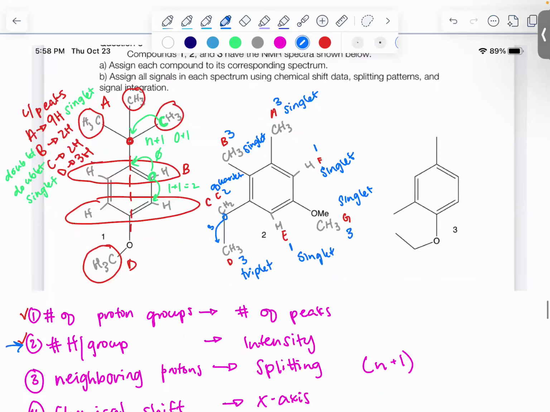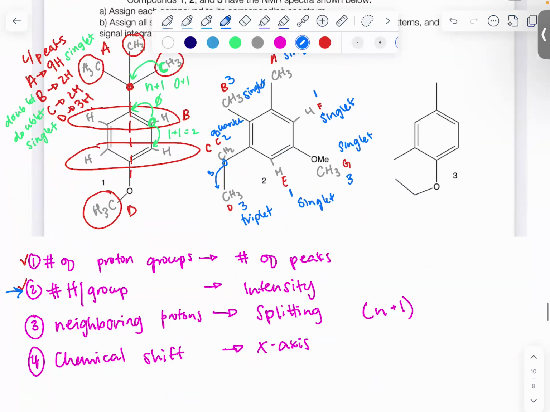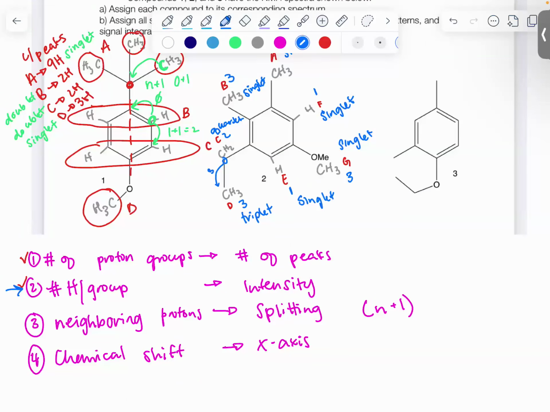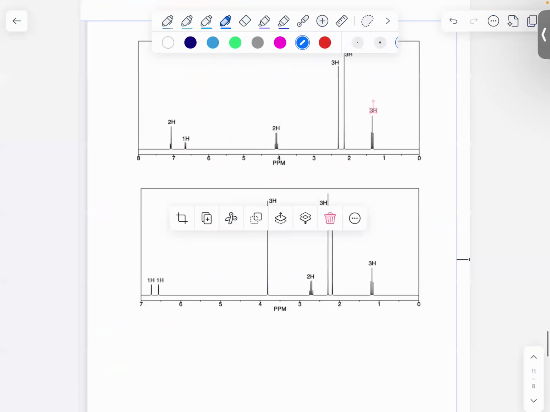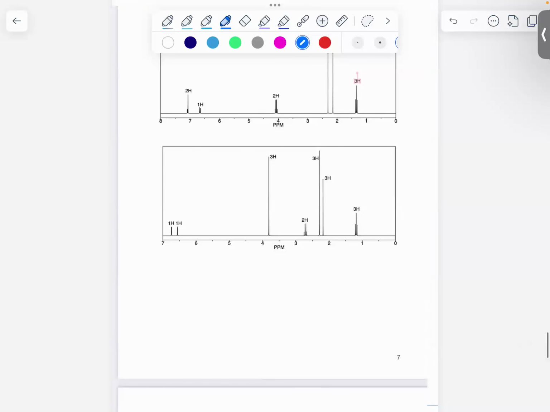So now we can look at our NMRs for one that has 7 peaks. I'm pretty sure it's only going to be one of them. 1, 2, 3, 4, 5, 6, 7. 1, 2, 3, 4, 5, 6. This one has 6. This one has 7. So now we can go in and identify our peaks.